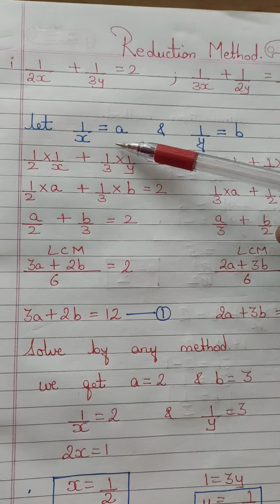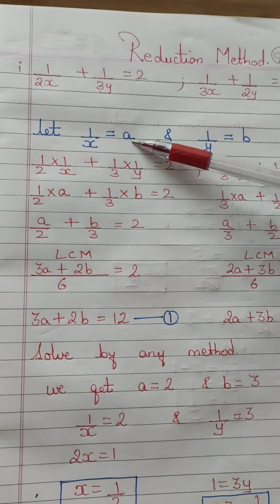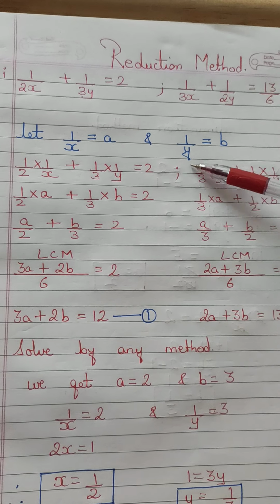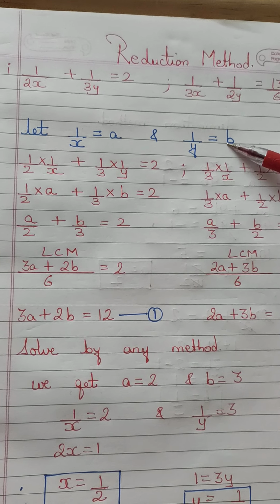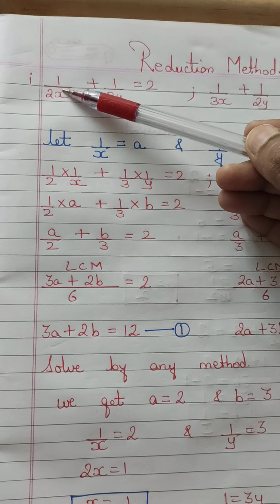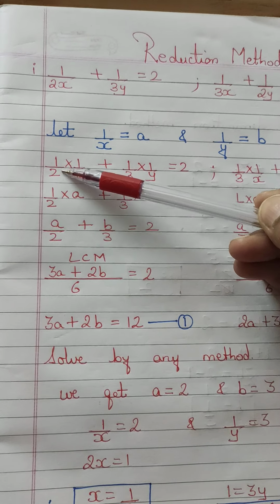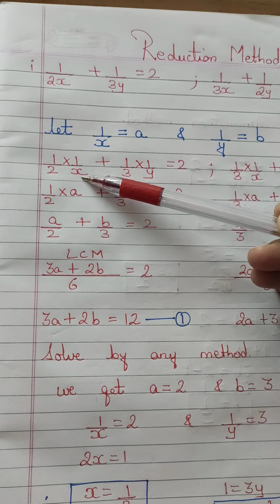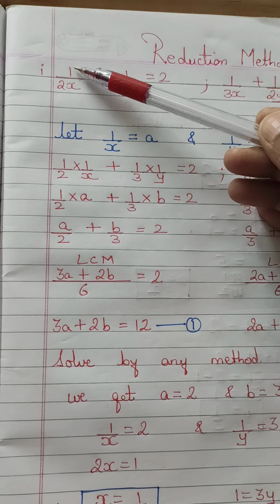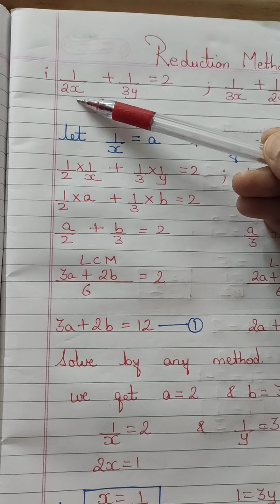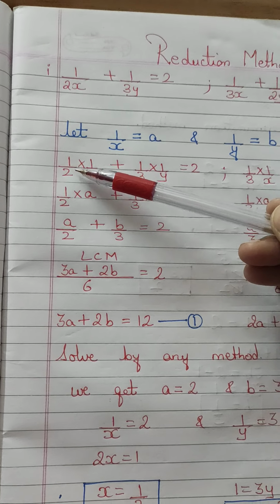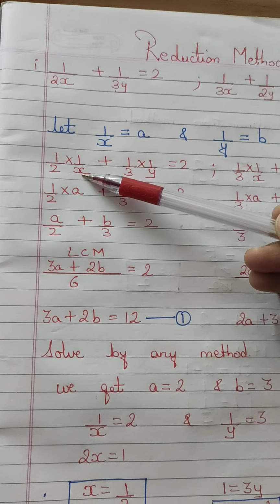Same way, let us assume that 1 upon x is equal to a and 1 upon y is equal to b. I can write the first equation as 1 upon 2 into 1 upon x, which is again equal to what? 1 upon 2x. Is it okay? So I can write this part as 1 upon 2 into 1 upon x also.